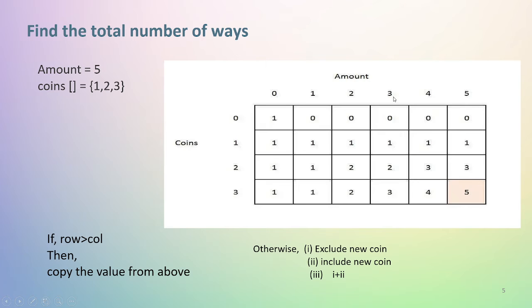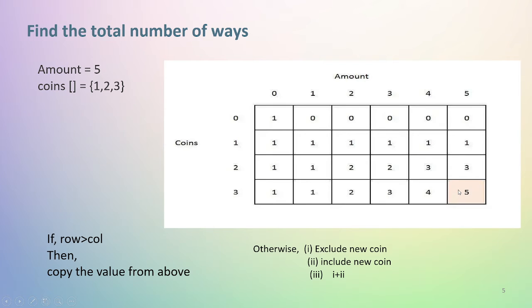Next, the row number means the amount, actually the amount 3. So 3 subtract the coin value 3 means 0 position. We can find 1 there, so 2 plus 1 means 3.